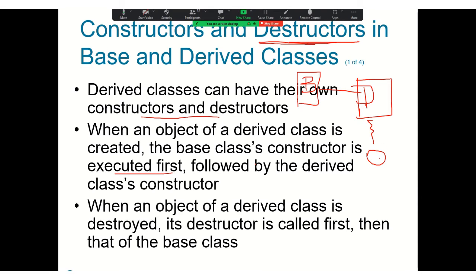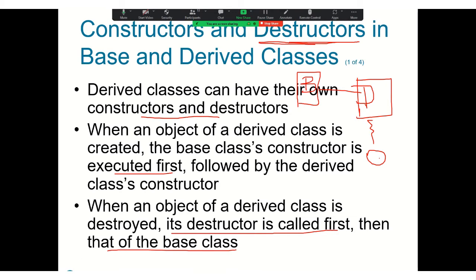That is the sequence. Now, when an object of a derived class is destroyed, now we are talking about the destructor, the derived class destructor is called first, it's just the opposite, and then you call the destructor of the base class.